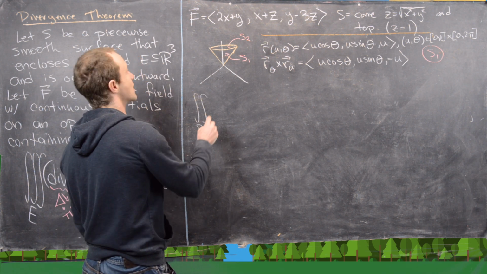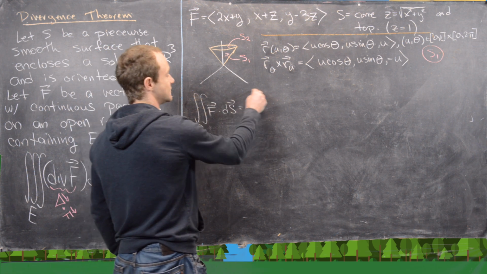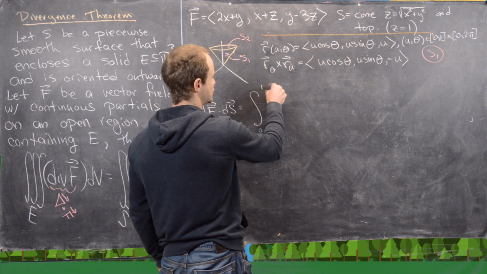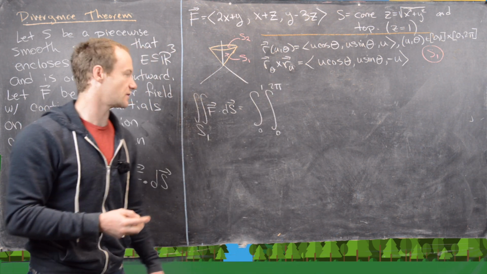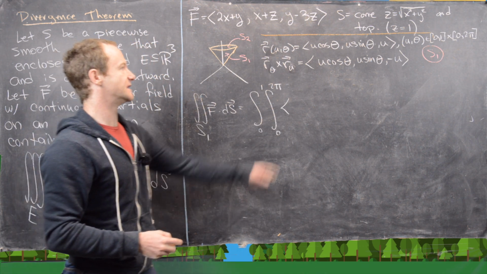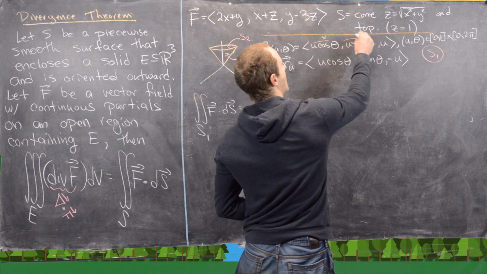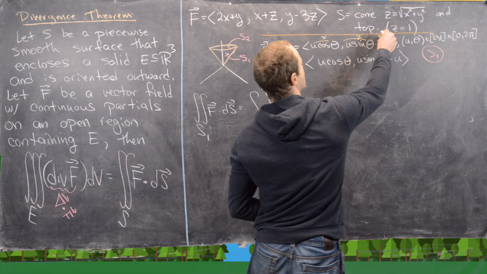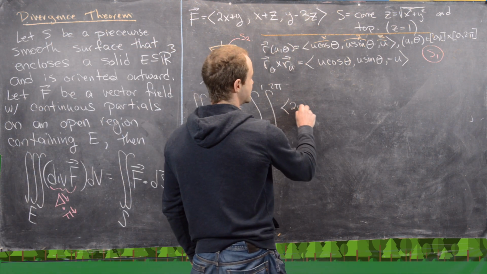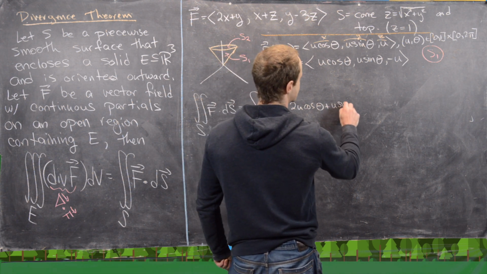So the surface integral over S1 of F dot dS, that's going to be the integral from 0 to 1, the integral from 0 to 2 pi. So we've got that iterated integral. Now we're going to take F, evaluate it on the surface, which means we're going to change all of the x values to this, all of the y values to this, and all of the z values to this. So that's going to give me twice u cosine theta plus u sine theta.